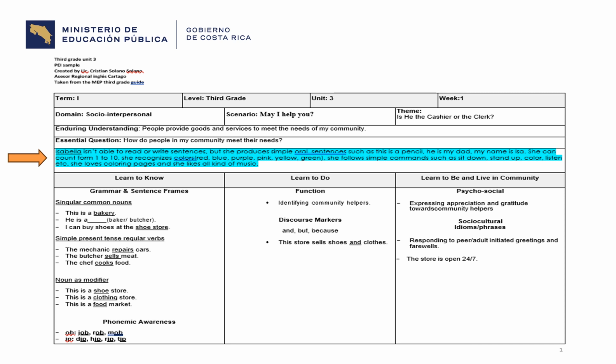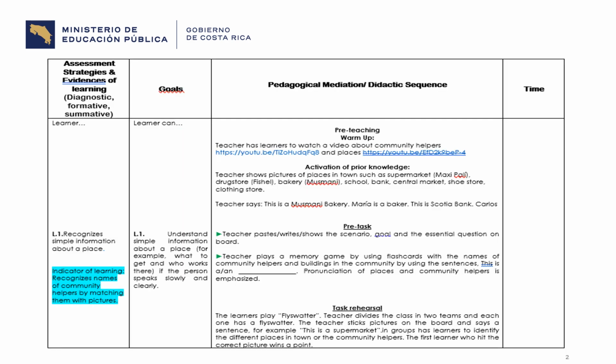We already read about what Isabella is able to do and what she isn't able to do, besides the interests and the capacities of the student. As I mentioned before, we are going to indicate with a different color the indicator that we're going to be using with Isabella. We have an indicator for the rest of the students that is: recognizes simple information about a place.